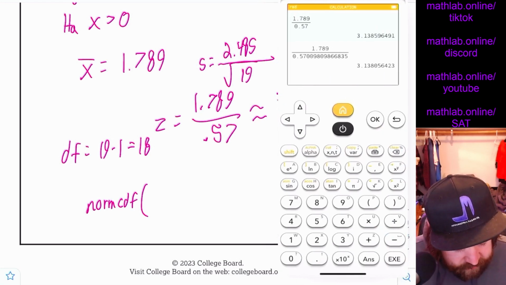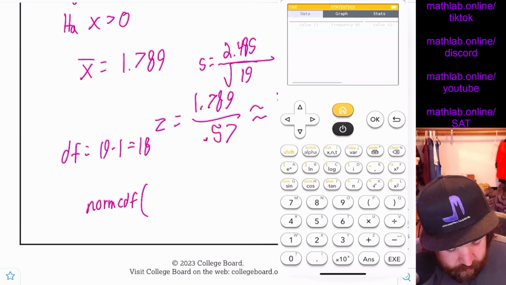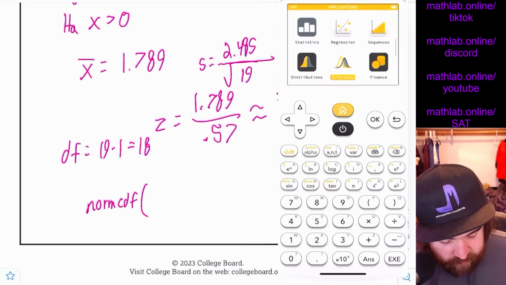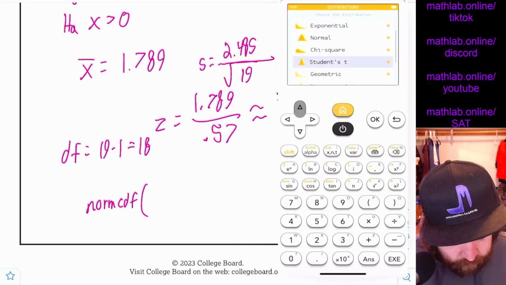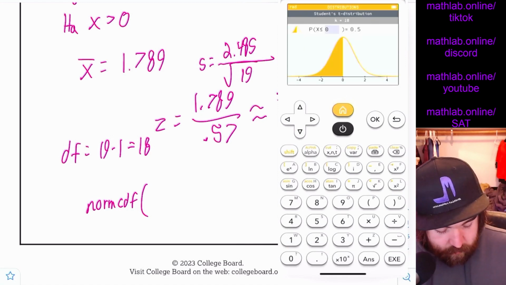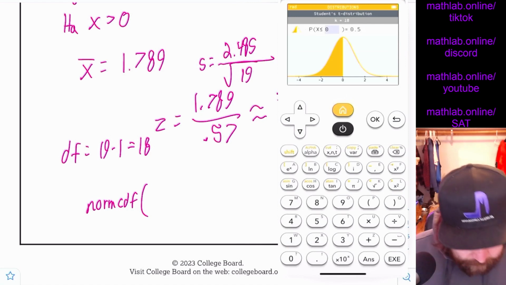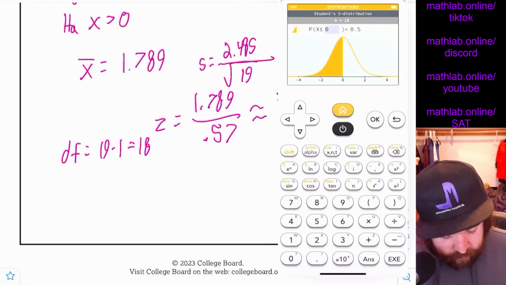So then we've got to run a t-test. I don't remember what it's called on other calculators, but I obviously know how to do it here. It is not in stats, but is in distributions. And we go down to Student's t, and we say our degree of freedom is 18. So I'm not going to do the calculator notation.